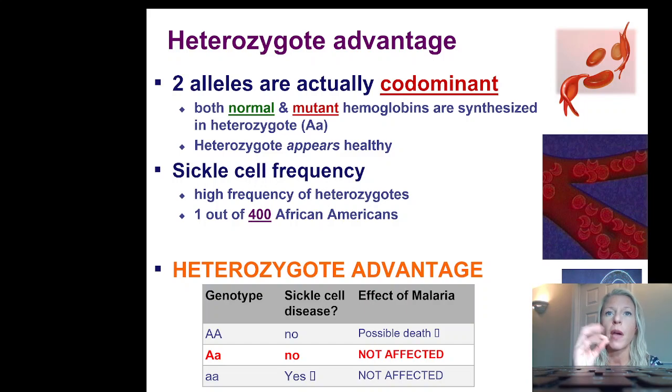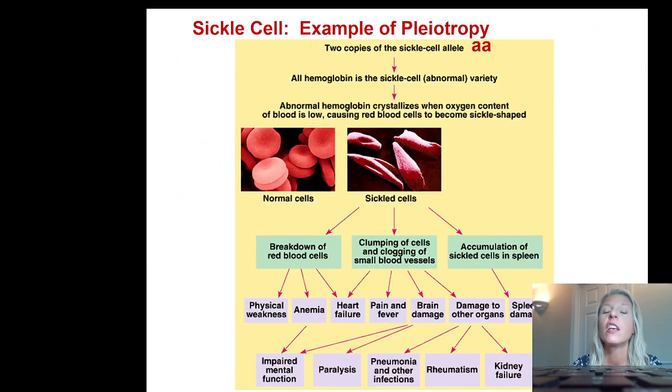This is where you have both normal and mutant hemoglobins being synthesized. And so your heterozygote appears healthy here. That heterozygote advantage is that they are not necessarily sick, because they also have that functional protein and they're protected against malaria.